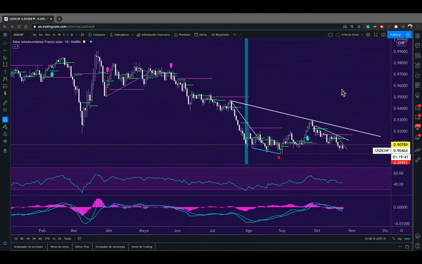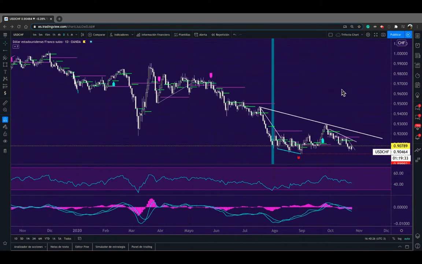We have an amazing setup in the US dollar against the Swiss franc, and we have a couple of things to consider with this special trade. First of all, we are now in the daily chart.